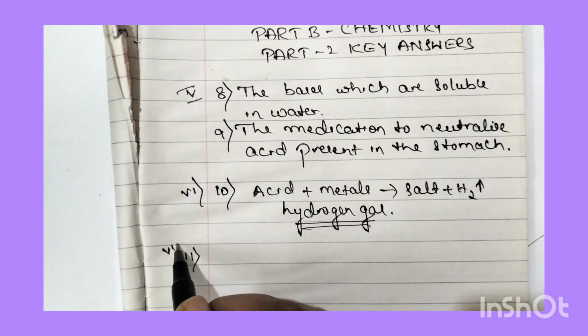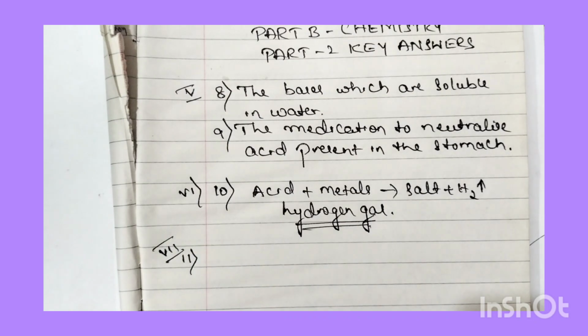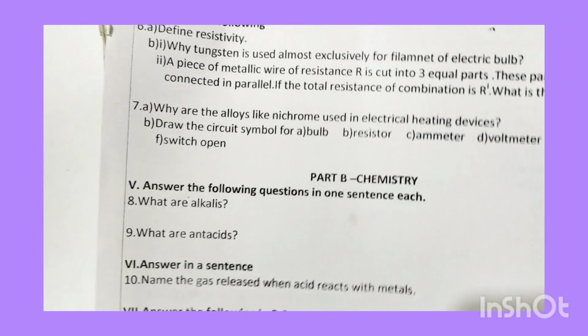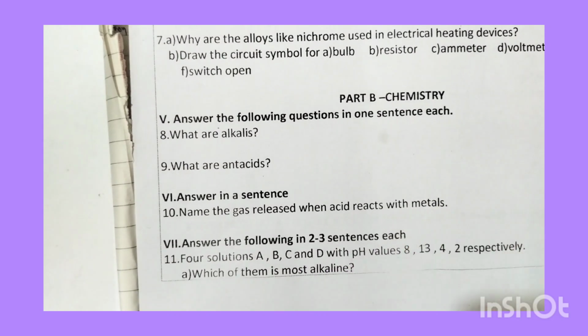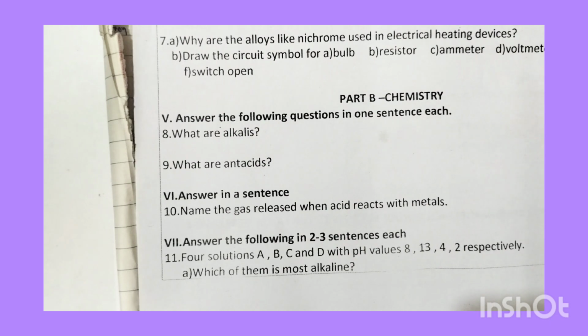Now let us move to the 7th main, that is the 11th question. In the 11th question they have given 4 solutions A, B, C and D with pH values 8, 13, 4 and 2 respectively. The first question is, which of them is most alkaline?